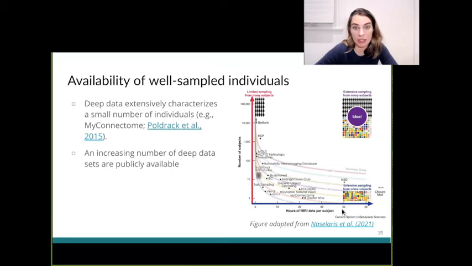Even some of the data sets mentioned in this figure have been really critical to the work that I'm going to describe. So it's really this availability that makes all this work possible. Just a brief thank you to everyone who's made their data available, because it's so critical here.